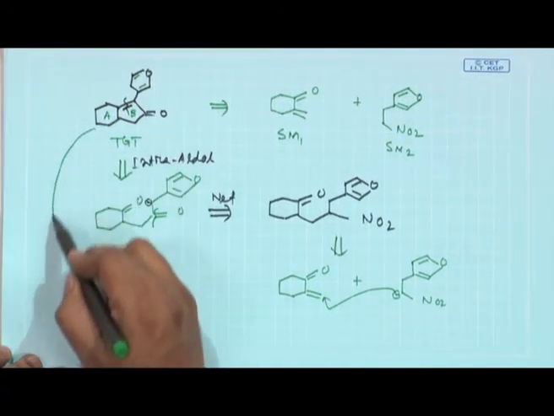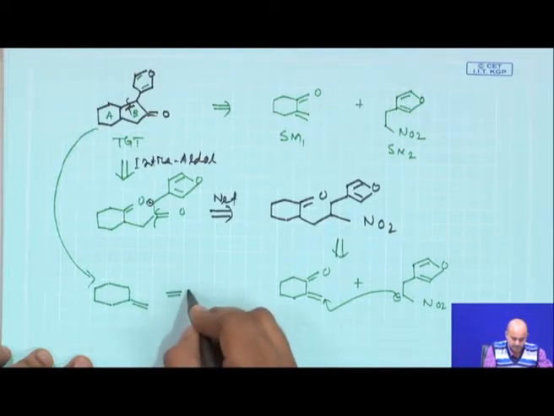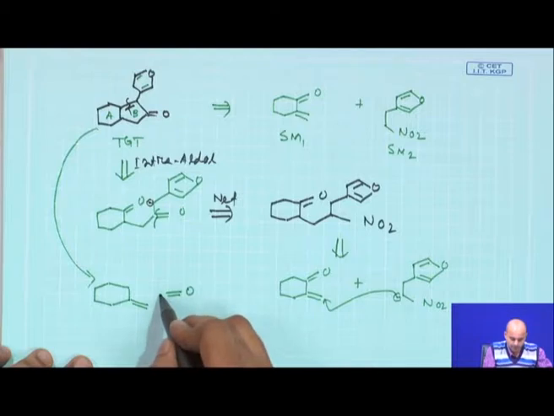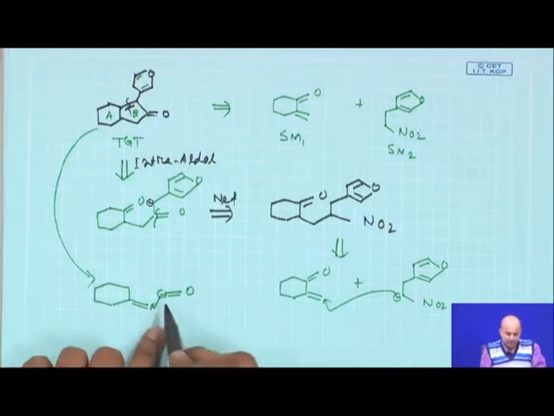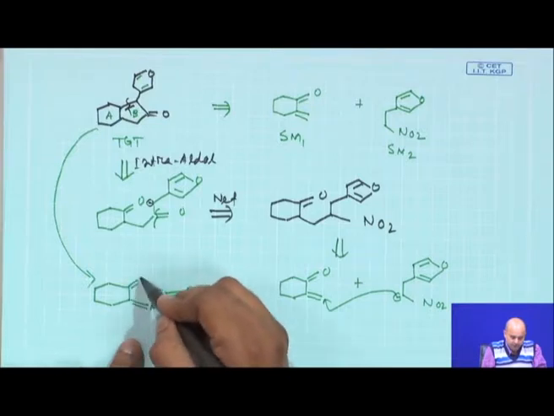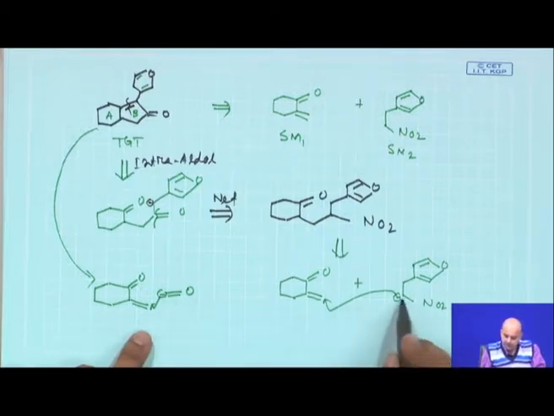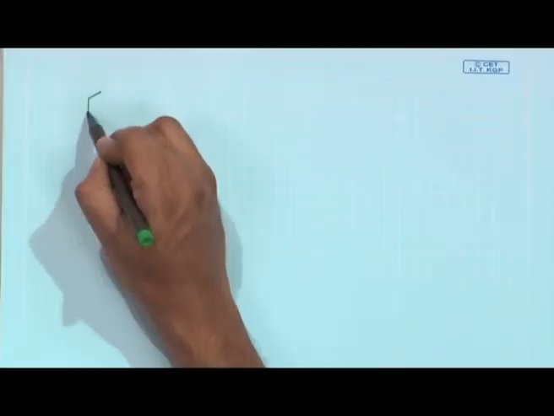If you do a disconnection here, you see that we have used a synthetic equivalent which is basically adding here to give you CH2 C=O, and the remaining part might be similar. So, this synthetic equivalent is coming from this nitro base through a Nef reaction, which you already talked about. So, now you go to the forward synthesis pathway and you find that this is a very excellent demonstration.